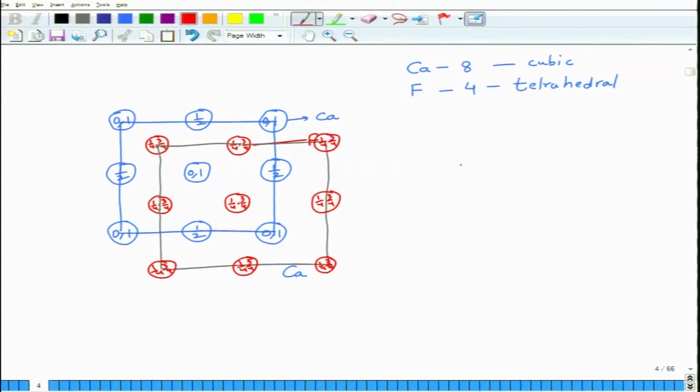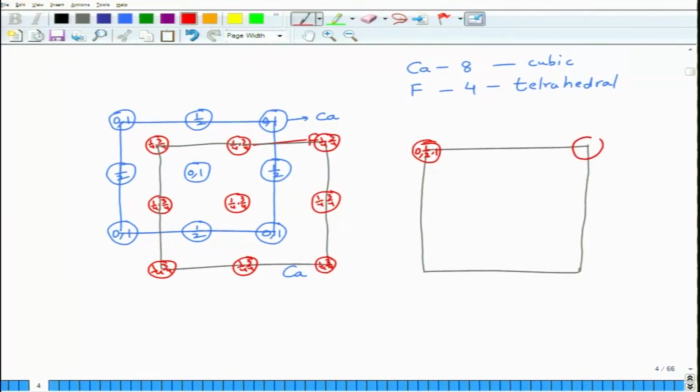When you convert these two, so if I now take it away, make this unit cell like this, just the top view, okay, and then now I put these here. If I convert 1 by 4 to 0, then the central one will become at 0, half and then 1.